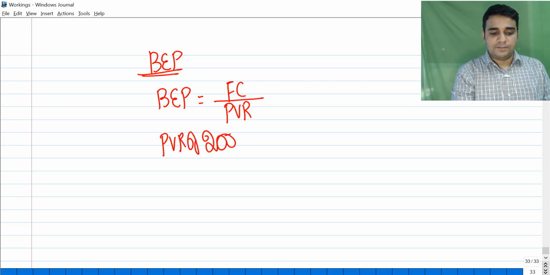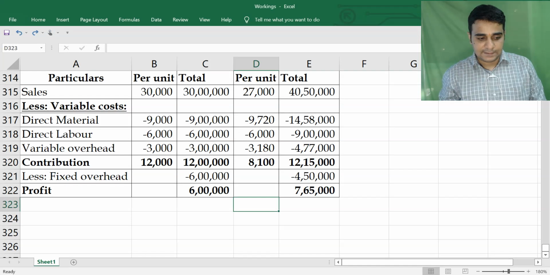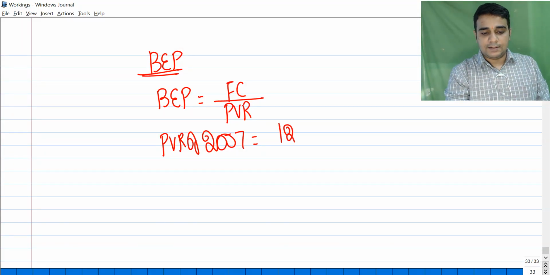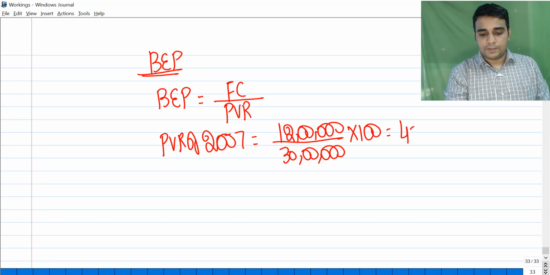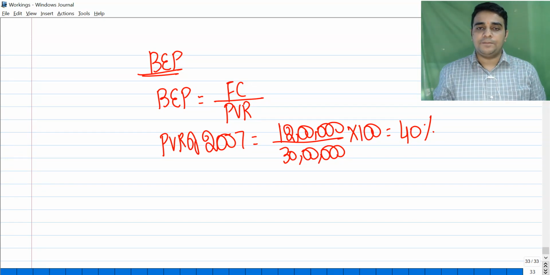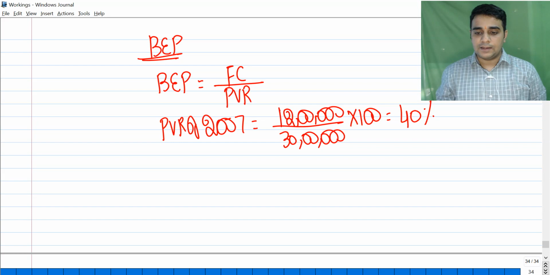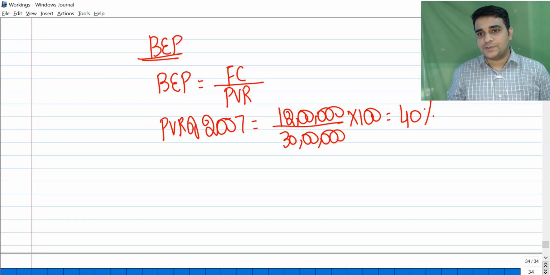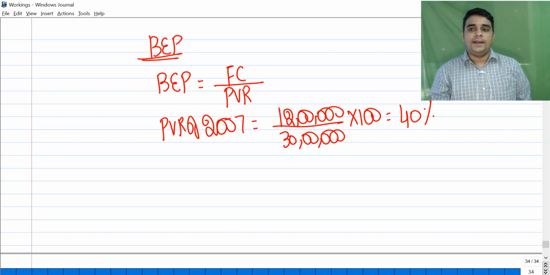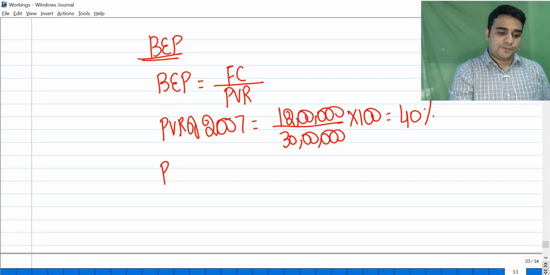PVR of 2007 is equal to contribution by sales, 12 lakh by 30 lakh, which is 40%.